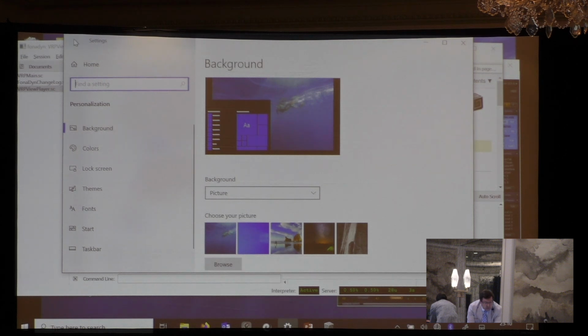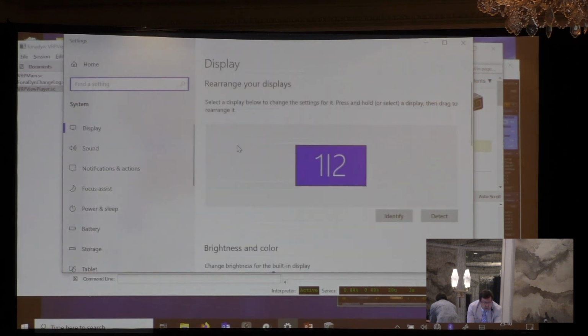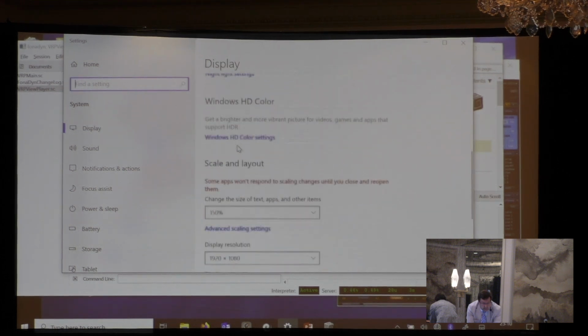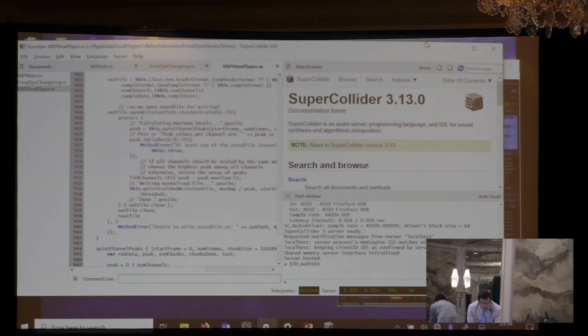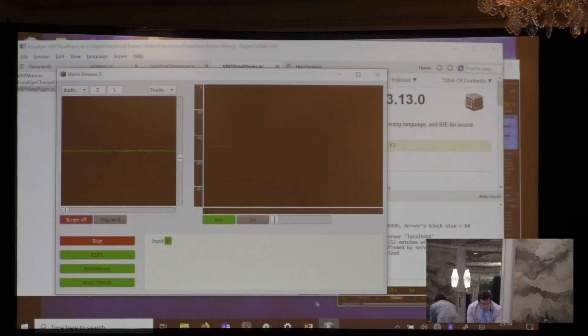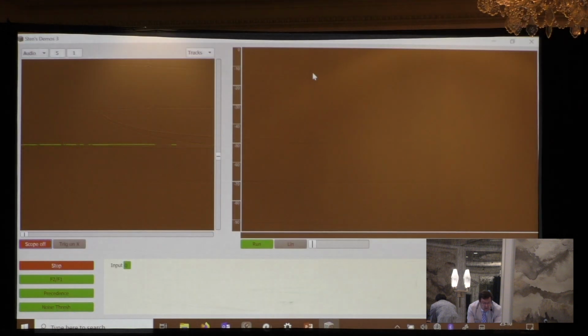This is always nervous. Go back, here we go. Because the computer was powered down. No, it's all right. Okay. So there we are.